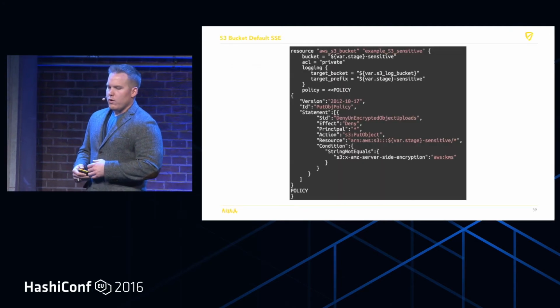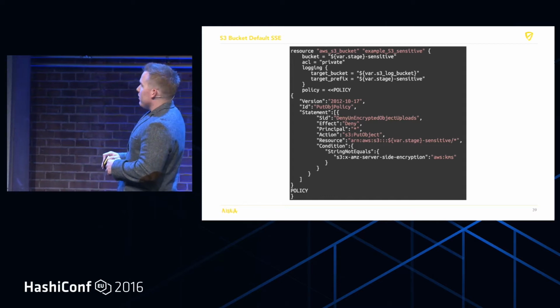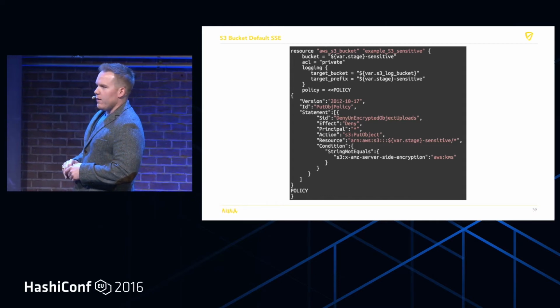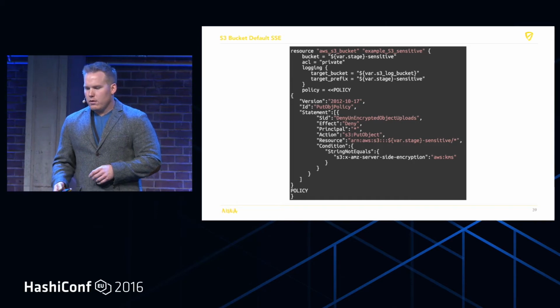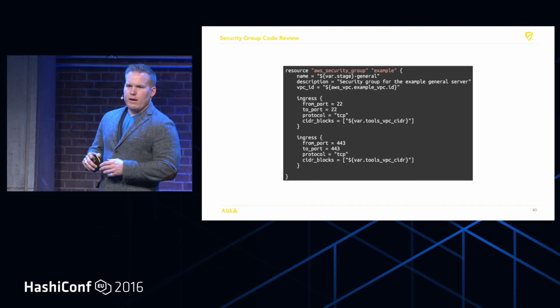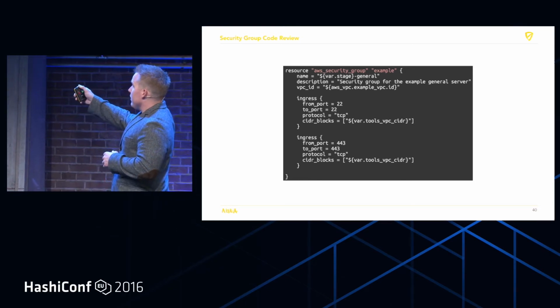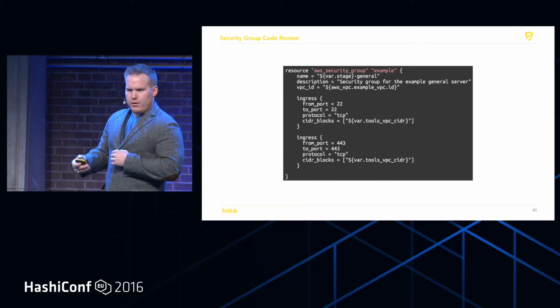So here's an example where when we actually CloudForm our S3 buckets, by default, we get a policy applied that you cannot upload unencrypted files. Here's an example of a security group, which in this case is bad by the Nuna policy, such that it's actually being passed a CIDR and not a security group.